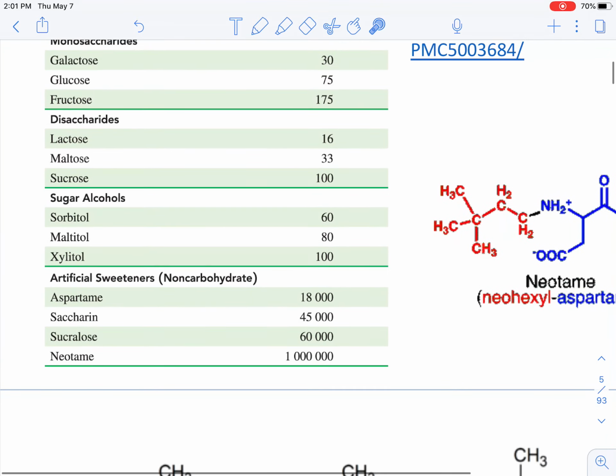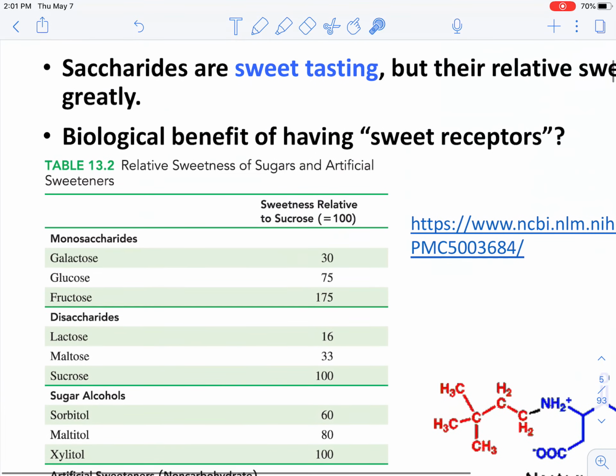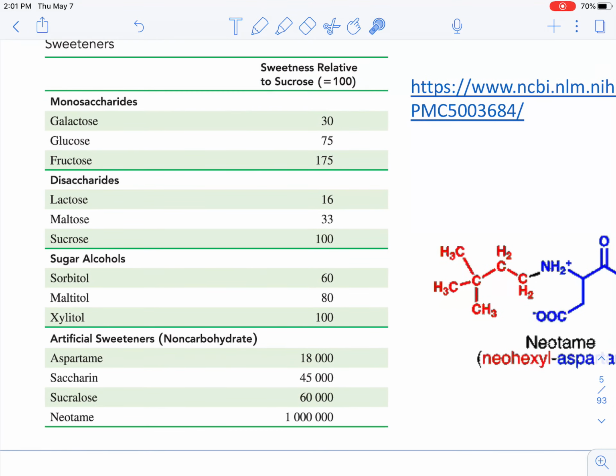And its relative sweetness is 1 million. So sucrose is 100. So we almost have 4 orders of magnitude in difference between the sweetness of sucrose and neotame.